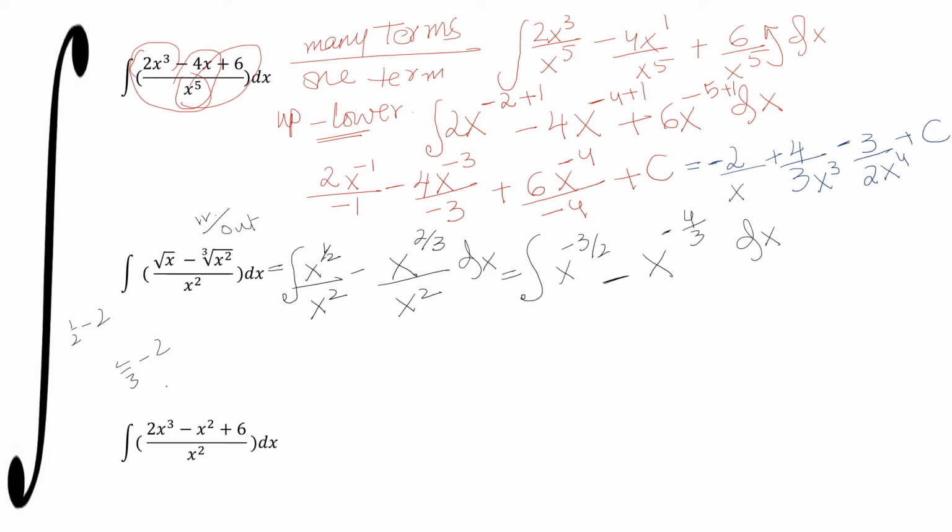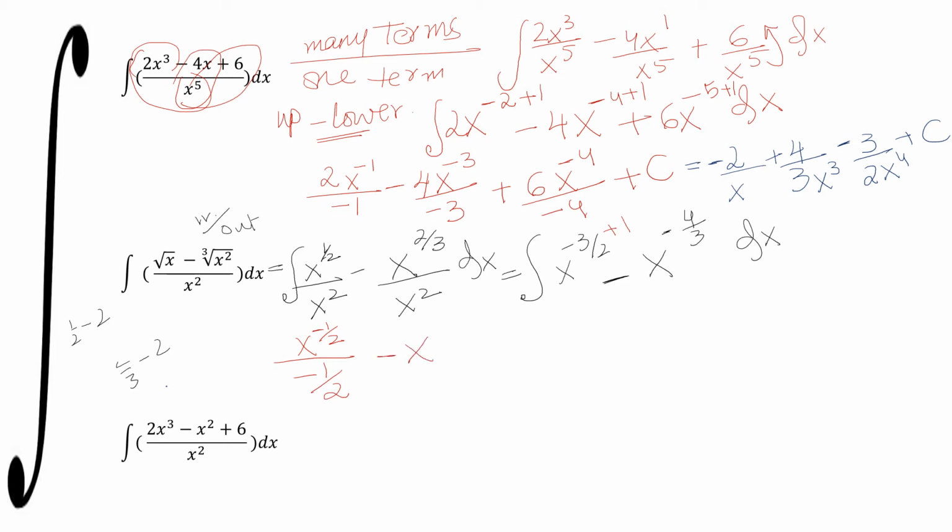Now our normal formula, that means to every power we add 1. So x to the power negative 3 by 2 plus 1 gives you negative 1 over 2. Whatever we write up, we have to divide by the same number.